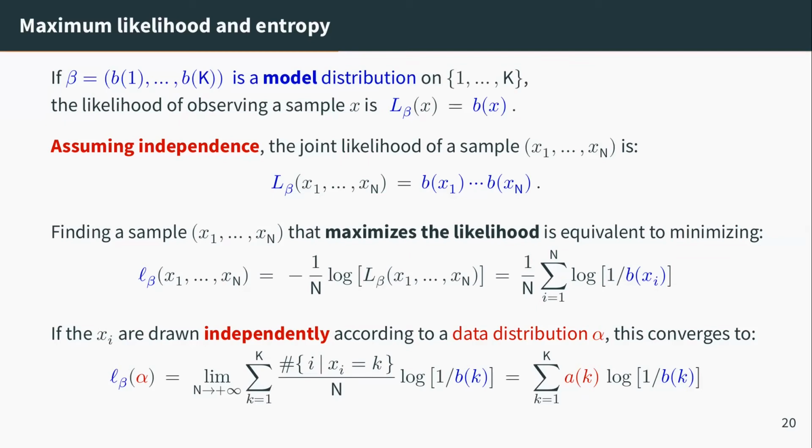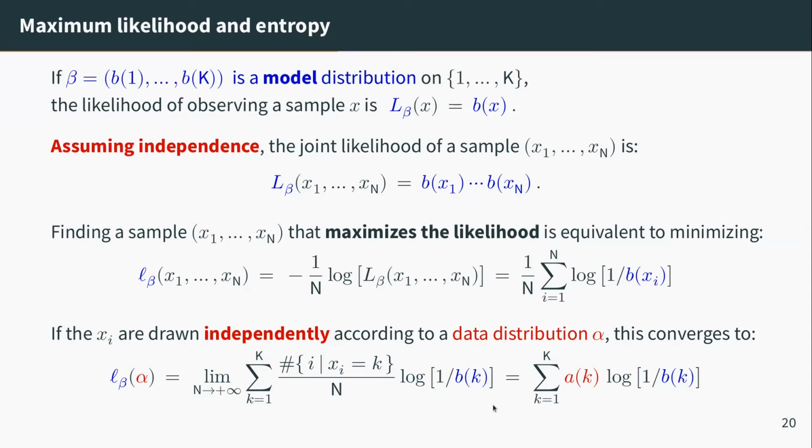So we can rewrite this big sum into a sum over the k different values that xi can take of 1 over n times the number of terms in my summation, so the number of i such that xi is equal to k, of a log of 1 divided by b of k.